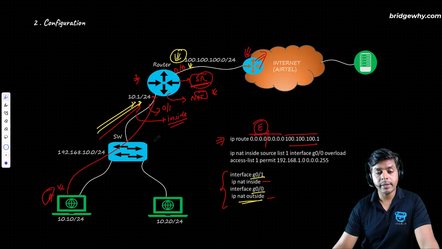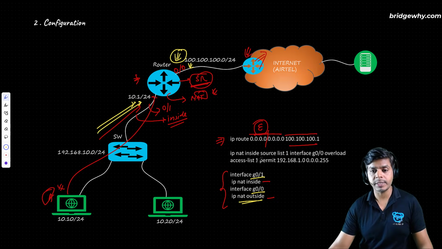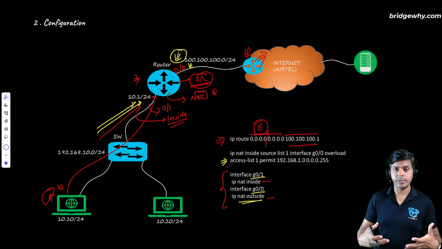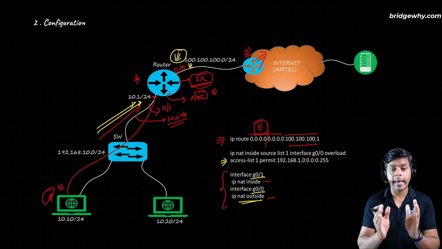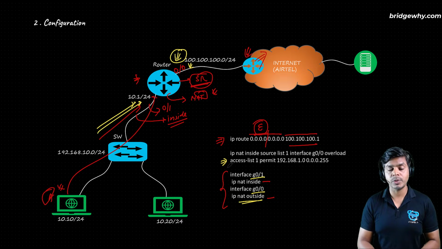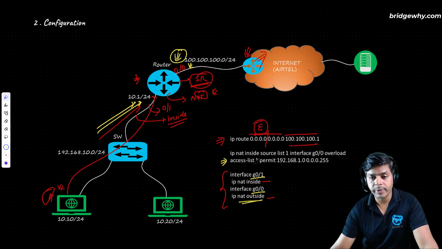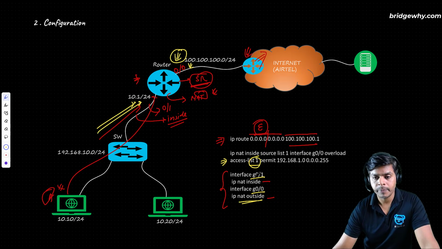And what addresses I need to translate or change, I have to define using an access list. So by the way, access list is used to block some things, but access list is also used to identify the network, right? So I am saying that I have created access list 1 here, which is permitting all the packets from this.